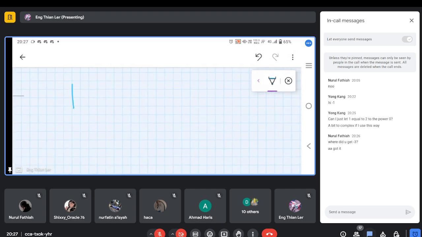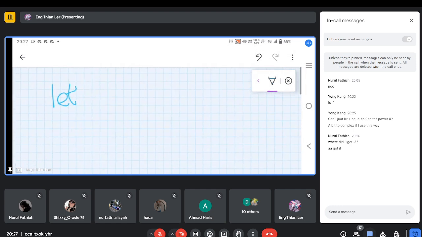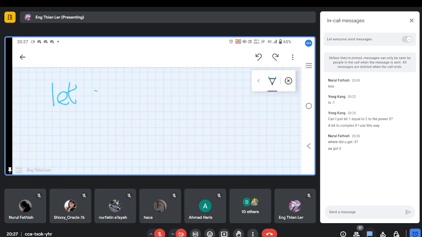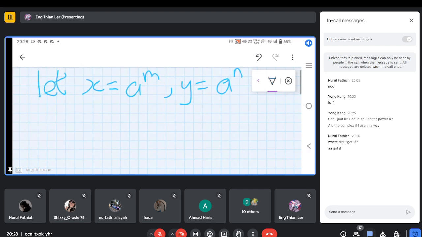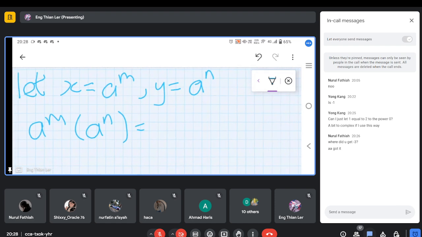So let x equal to a to the power m and y equal to a to the power n. By law of indices, a to the power m multiplied by a to the power n equal to a to the power of m plus n, right?